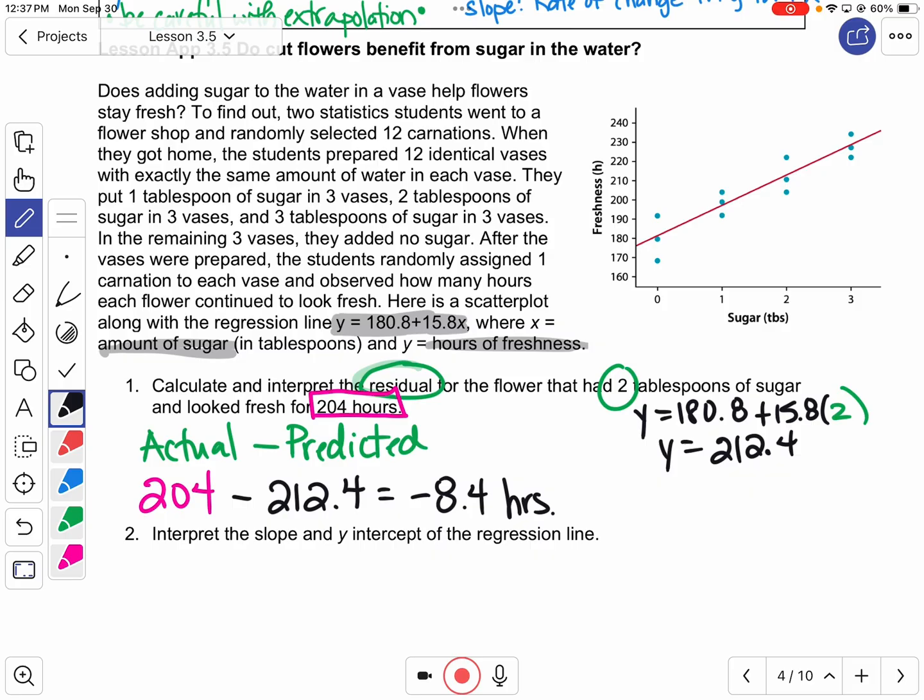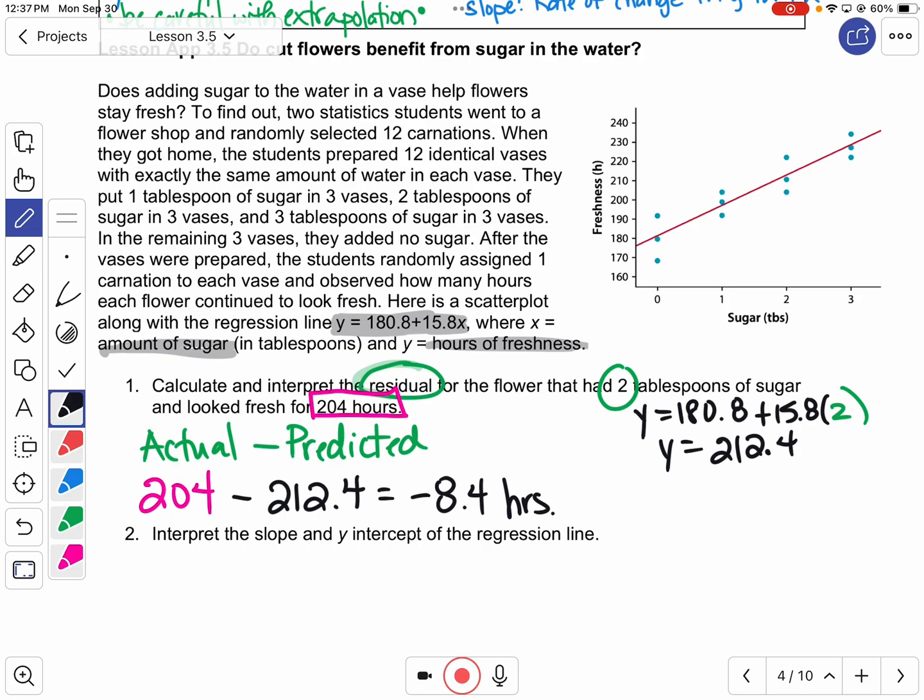So to get a residual, you take your actual value minus your predicted. You might have to figure out that predicted value and subtract them. It's okay that we got a negative, because was our predicted value higher or lower than the actual value? It was higher, which seems weird that we get a negative for higher, but we do.